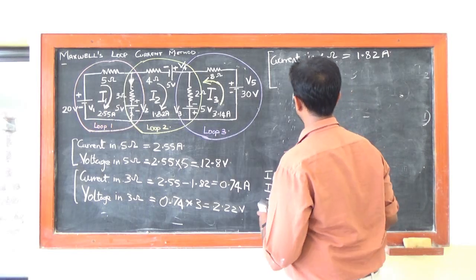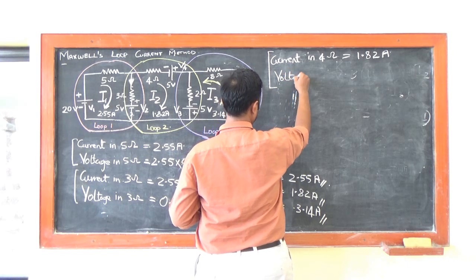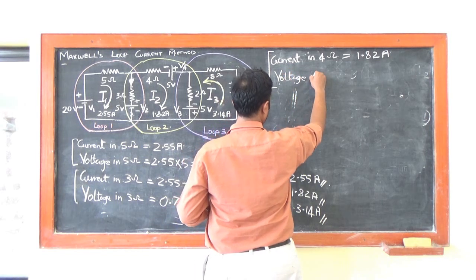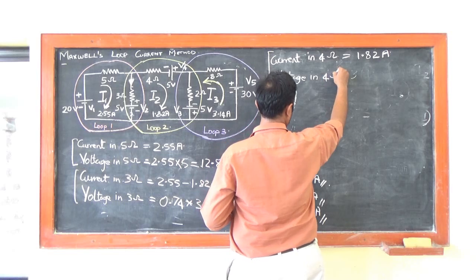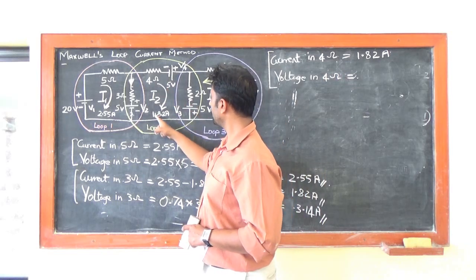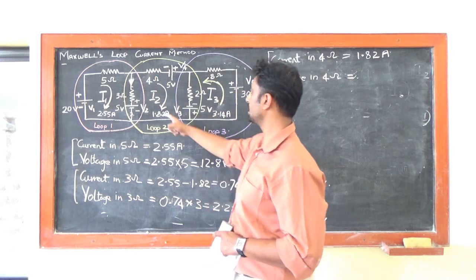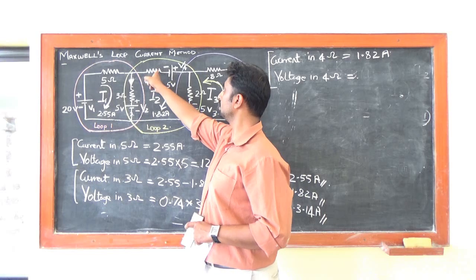Now again we have to find the voltage in the 4 ohms resistor. It will be 1.82 into the resistance, so current into resistance gives us the voltage drop.